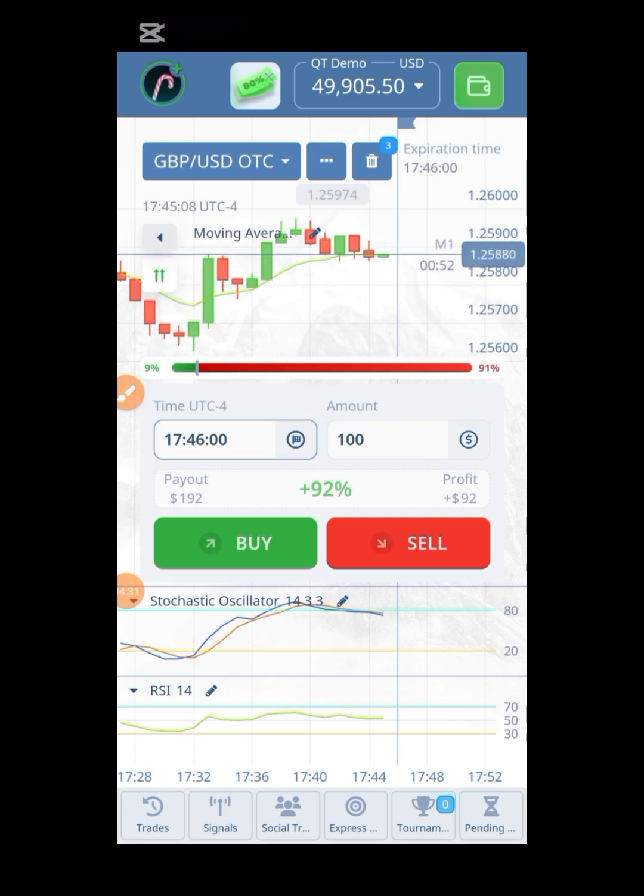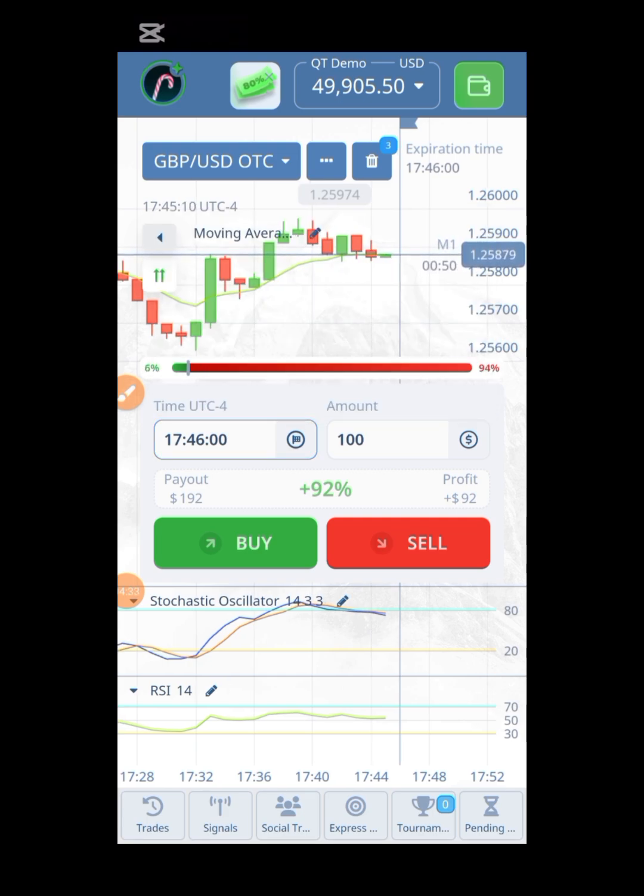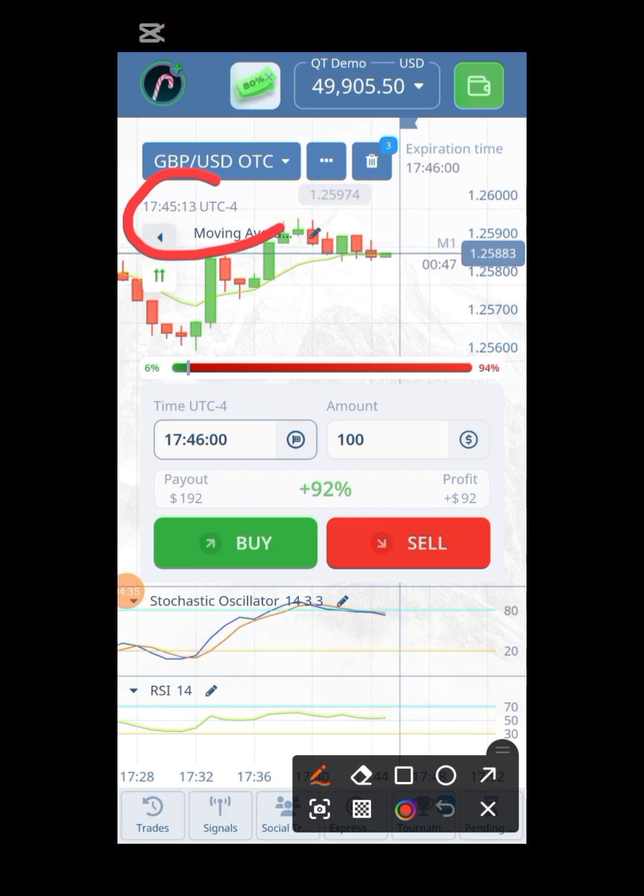You understand? So when that is done, you always look at this side of the option they trade, because that is where the difference is going to come in. Here, as you can see, 17:45:25. By the time it gets to 60, the signal here will change, and that is the 5 minutes time frame.